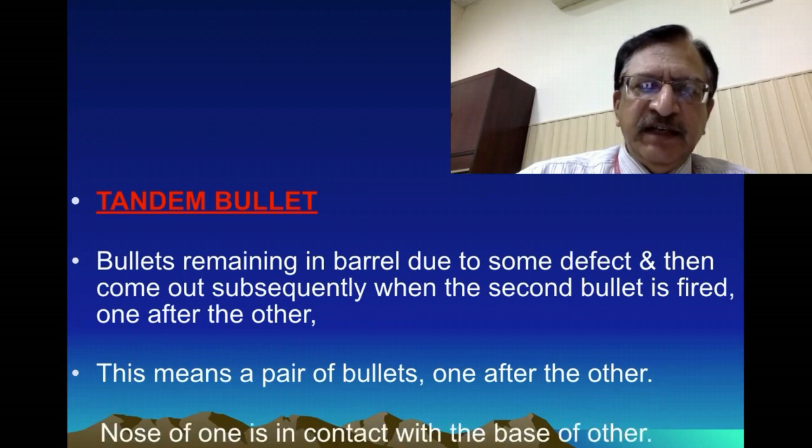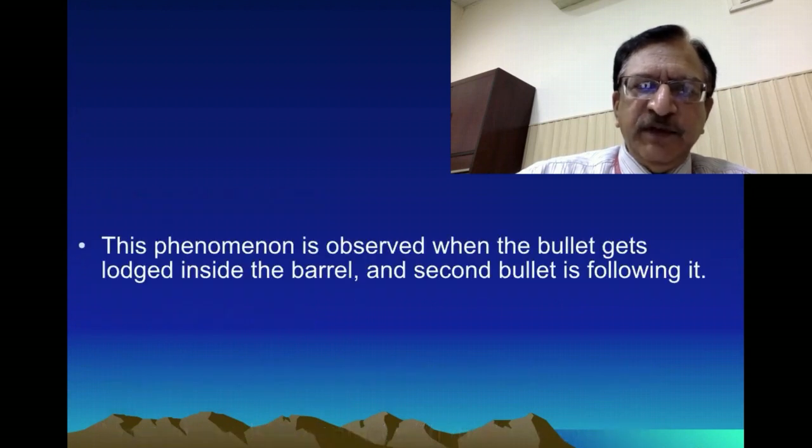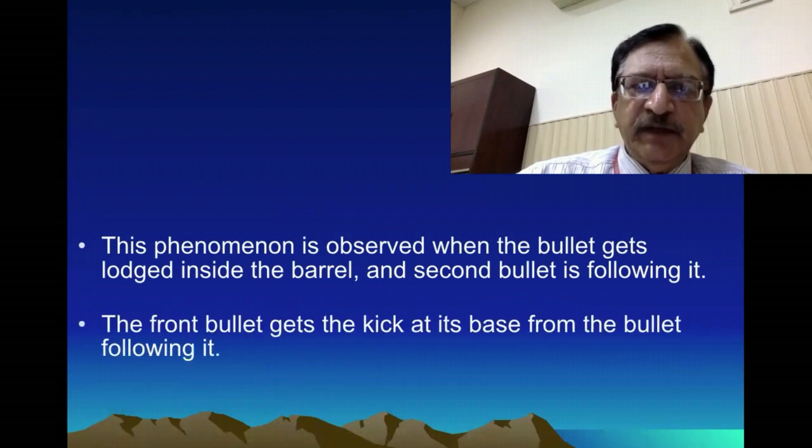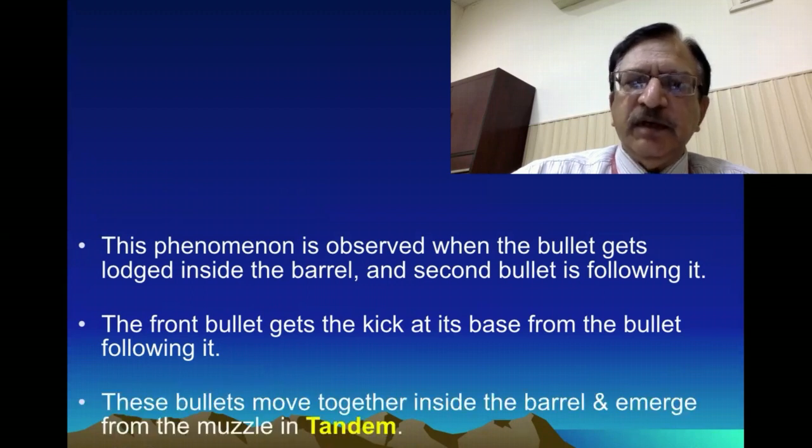They will exit in a pair. This phenomenon is observed when a bullet gets lodged inside the barrel and the second bullet follows it. The front bullet gets a kick at its base from the bullet following it. These bullets move together inside the barrel and emerge as a pair from the muzzle end in tandem. That's why they are called tandem bullets.